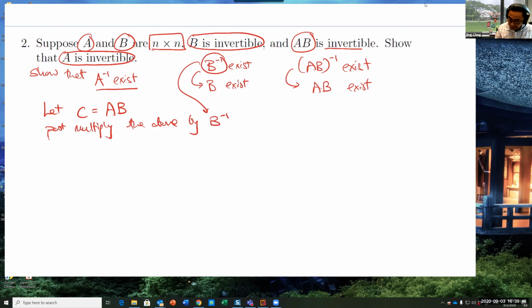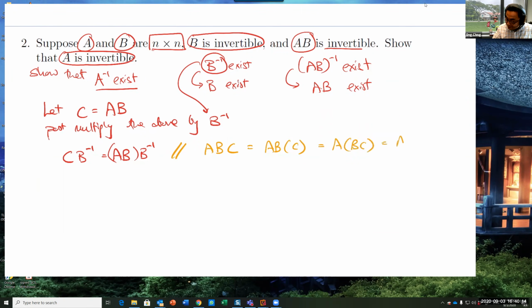Why do we want to post multiply the above by B minus 1? You realize that when we do that, we have C times B minus 1 equals AB times B minus 1. Now remember something about matrix multiplication. ABC is equal to AB times C is equal to A times BC.